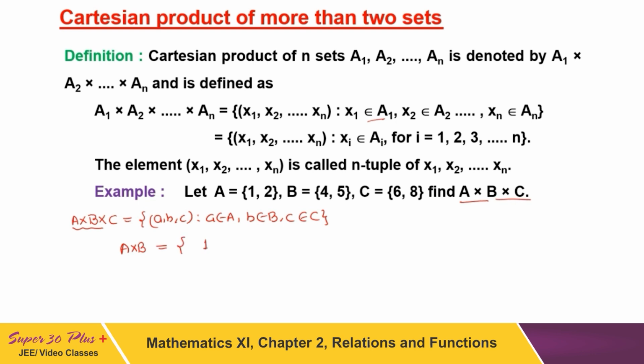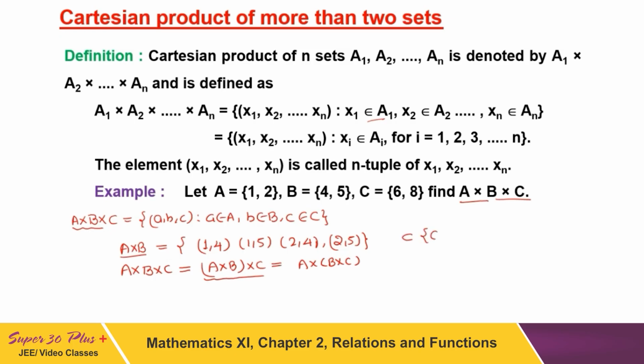It is (1,4), (1,5), (2,4) and (2,5). Now we want to do the Cartesian product of three sets A cross B cross C. It will be equal to (A cross B) cross C, or you can say it will be equal to A cross (B cross C). Here we are going to apply this system. Means now it is one set and the second set is C.